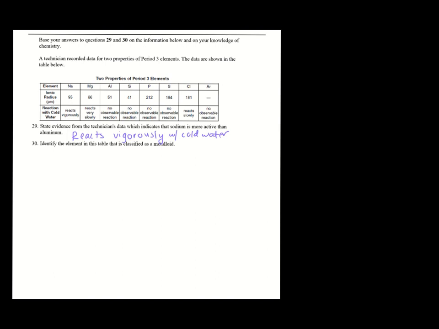Number 30, identify the element that's classified as a metalloid. So I've seen while grading the regents, actually, this particular regents, the most common mistake was that people do not know the difference between aluminum and silicon in terms of metalloids. Silicon is absolutely one of the more common and obvious metalloids. Aluminum is hard to tell, and that's where a lot of kids made mistakes, but it is silicon for a metalloid. Aluminum is more metal.